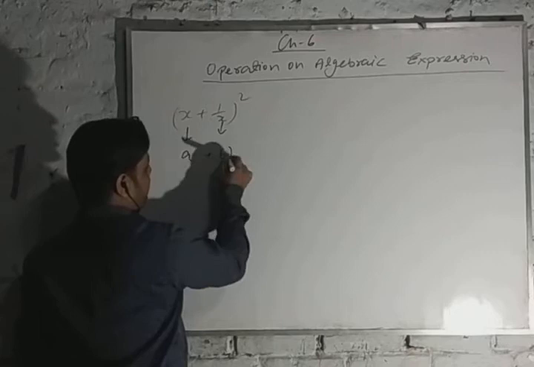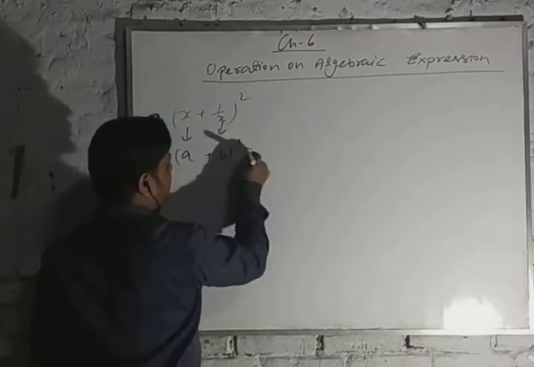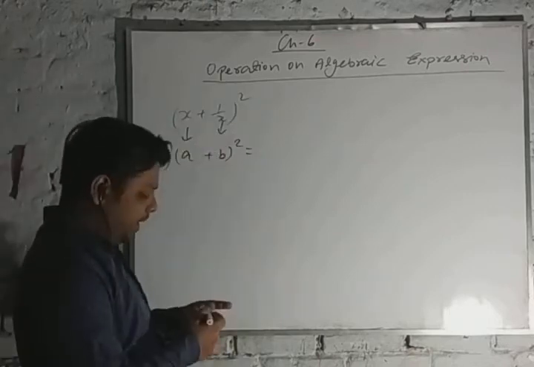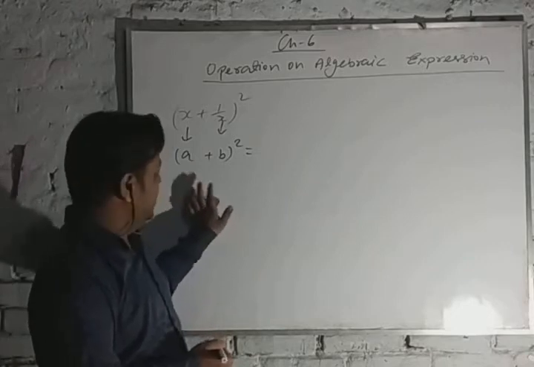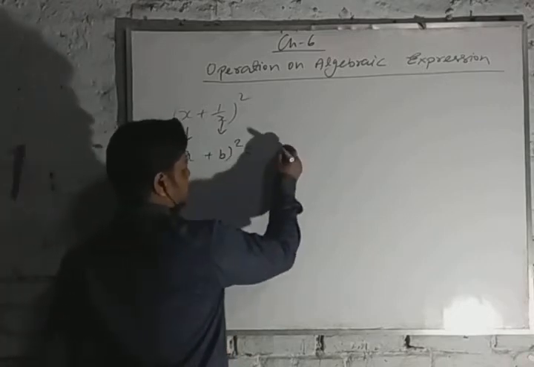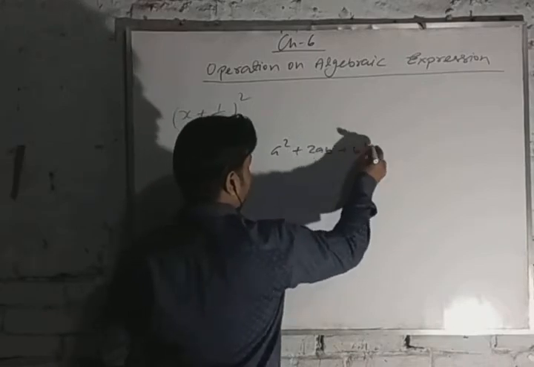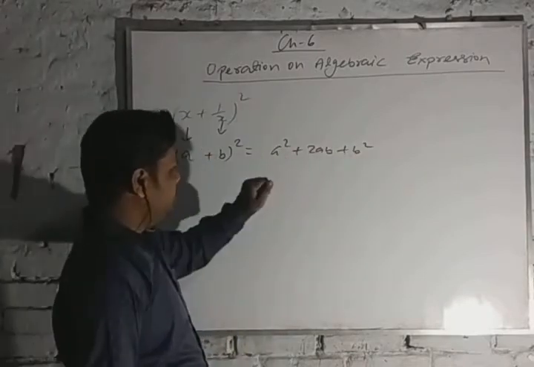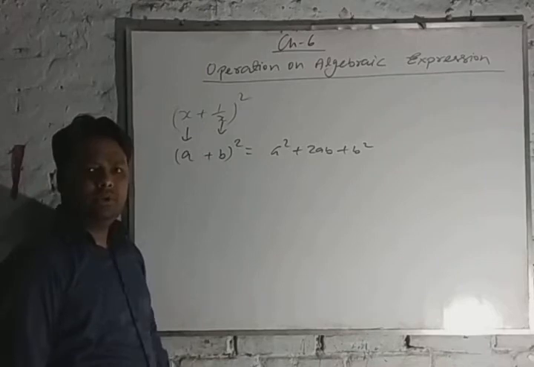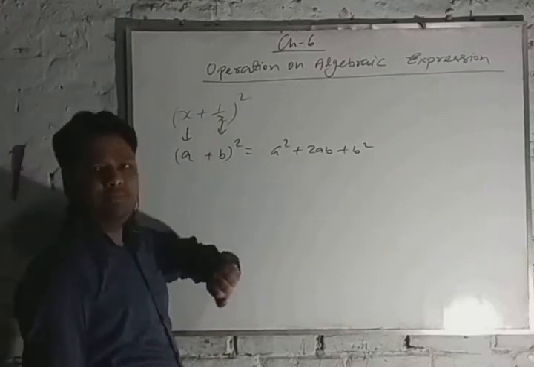So it is in the form of a plus b the whole square. That is, we have to apply the same formula, a plus b the whole square. Then the formula will be a square plus 2ab plus b square. So the same formula we will apply here also.